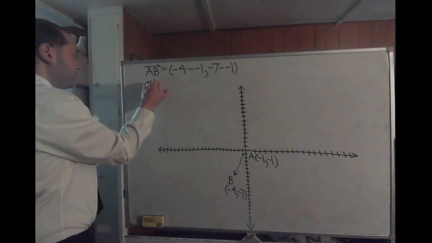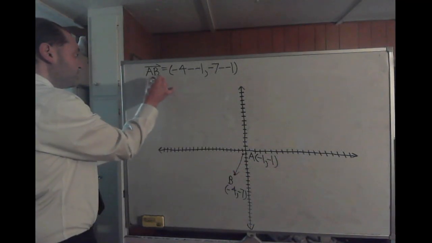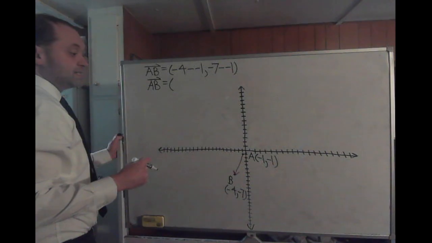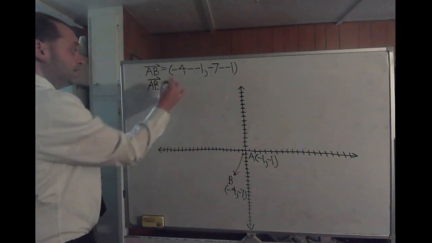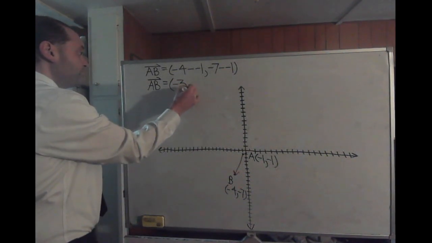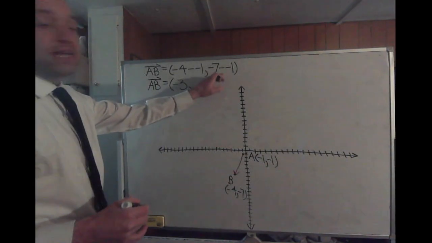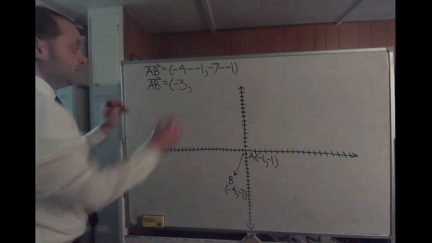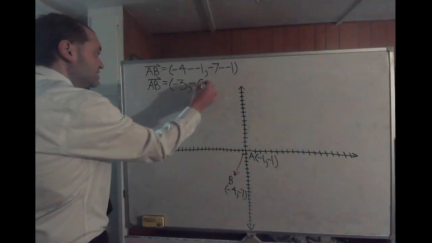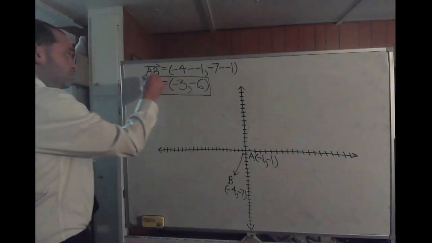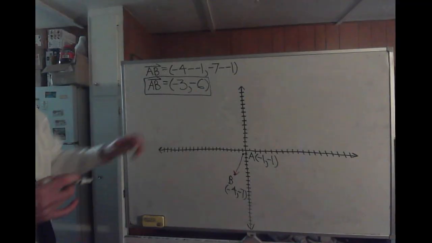So -4 minus -1 is -4 plus 1, that'd be -3. And then -7 minus -1 is -7 plus 1, that'd be -6. So the value of vector AB would be -3, -6.